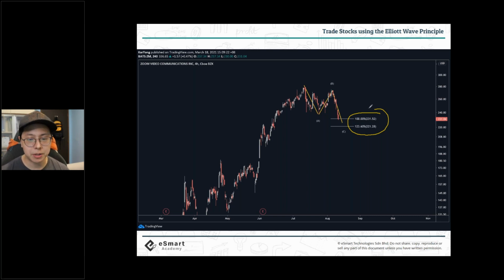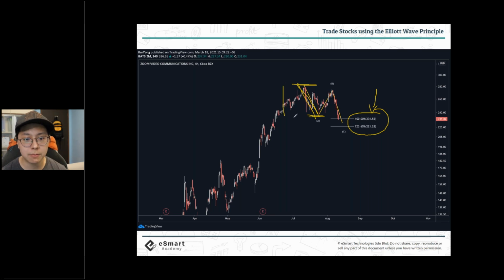That would take up maybe another sharing session. But the ratios here that we're looking at is what we call Fibonacci expansion. To make things very simple and straightforward for you to understand, what we are measuring is basically taking reference from this move down. So we are taking reference of A, and then what we want to do is find out the equal leg of it.